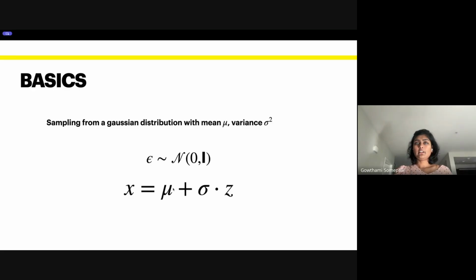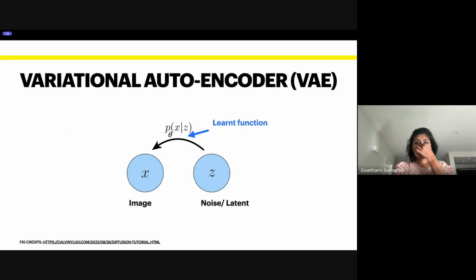Oh, sorry, this should be epsilon. All you have to do is scale it by the standard deviation and add the mean. It's just a scale and shift operation. That's all.